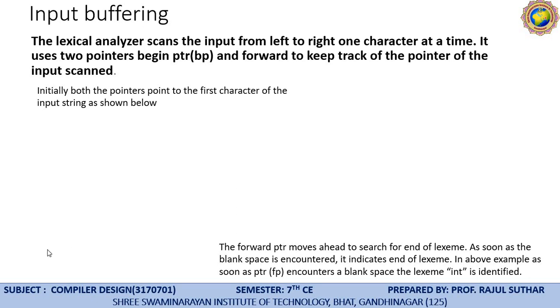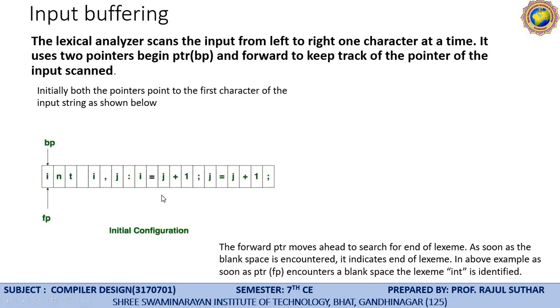Let me explain with this figure. This is the initial configuration of the input buffer. The forward pointer and begin pointer are both at the initial location. We have declared: int i, j, this is the common declaration.